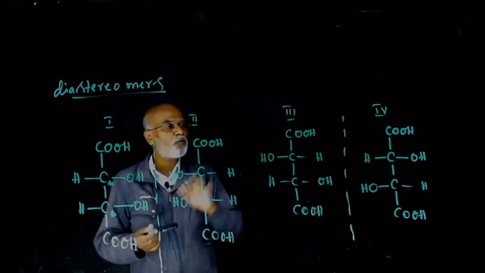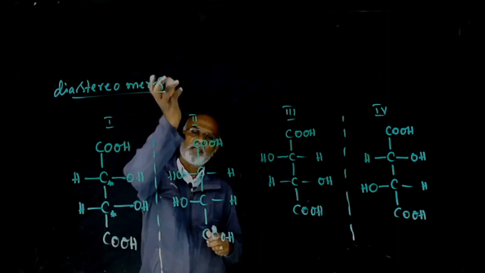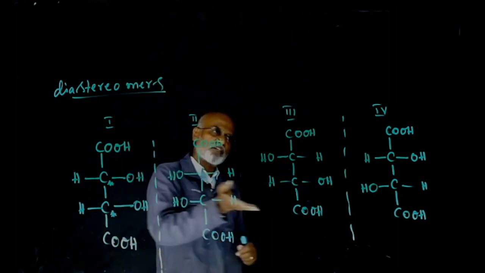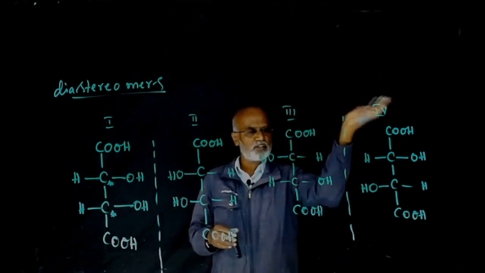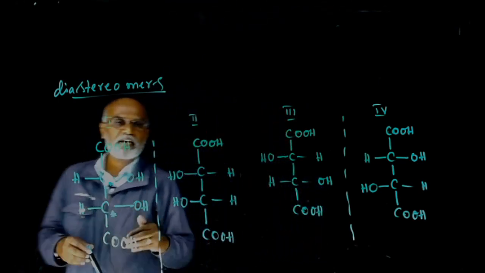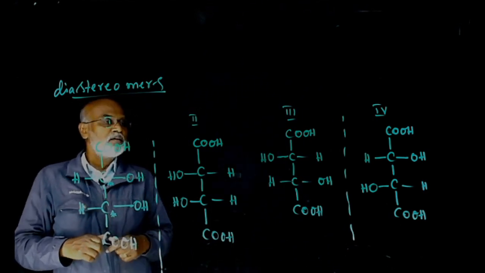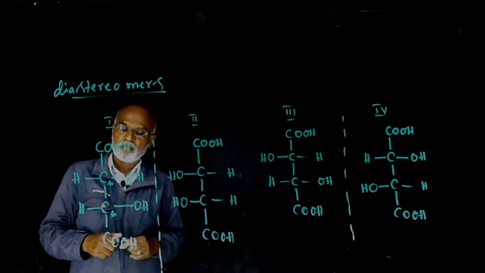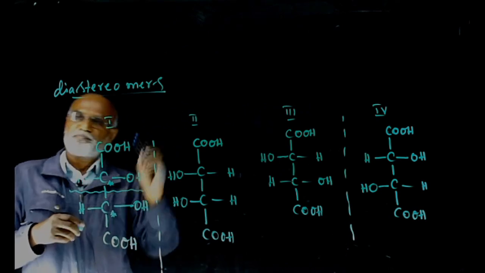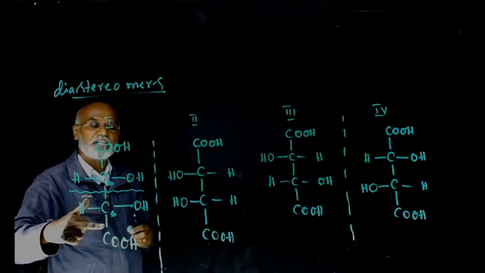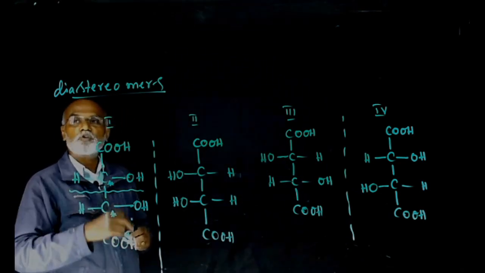So, all the 4 molecules which are possible for our tartaric acid are on the board. Because the molecule contains 2 chiral carbon atoms, 4 structures are possible. All the 4 structures are labeled as structure 1, structure 2, structure 3, and structure 4. Now, let me take structure 1 and 2. In structure 1, if you divide the molecule through this particular plane, it gives 2 identical halves, which are related with each other as an object and mirror image, and they are non-superimposable on one another.